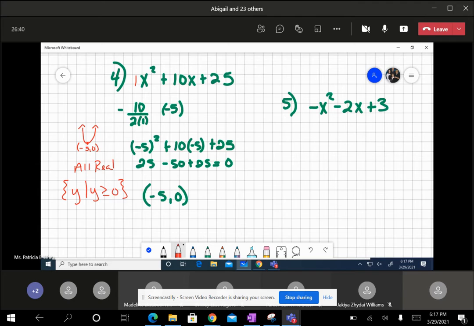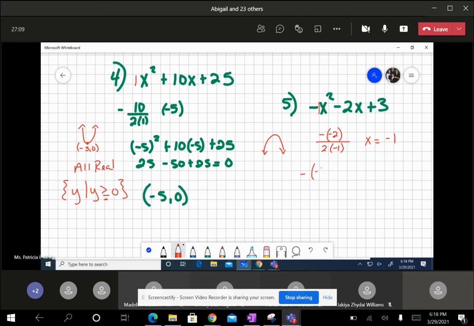This is a negative 1 on here, so I'm concave down. So when I do my range, it's going to be less than, and I've got a negative 2 over 2 times negative 1. So that gives me that x is equal to negative 1.